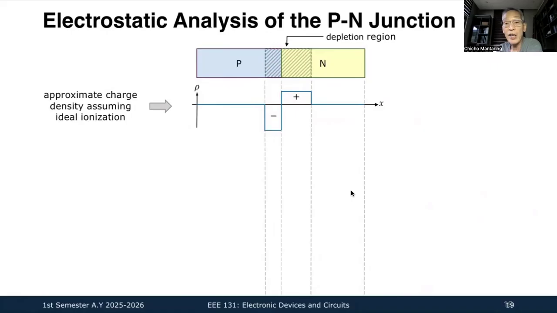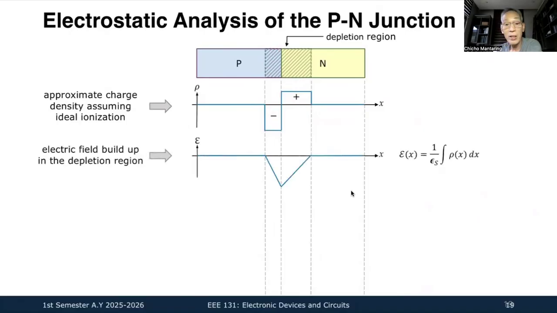Okay, what will our electric field intensity look like? Remember, it is proportional to the area under rho. That area, if this is flat, will be linearly increasing. No? As we go from here to here, your area will be linearly increasing. And then at this point, okay, sorry, your area will be linearly decreasing.